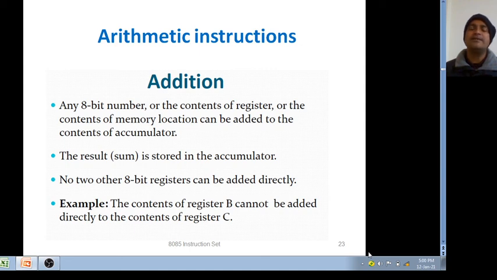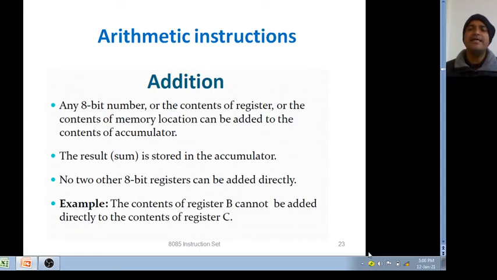In multiplication we can perform successive addition. Suppose you have to multiply 5 by 3, then you will add 5 three times, or 3 five times. Similarly, in case of division, we can perform it by the successive subtraction method.